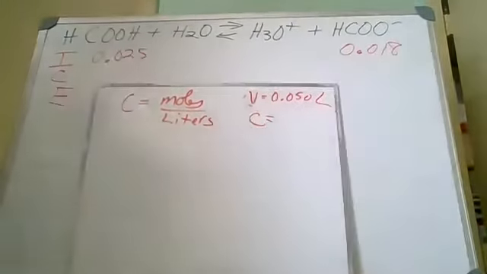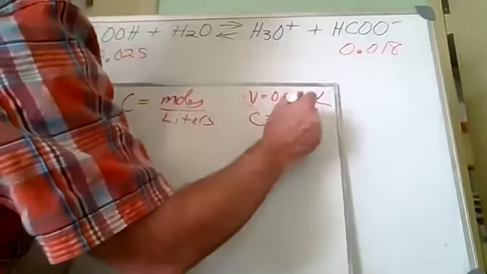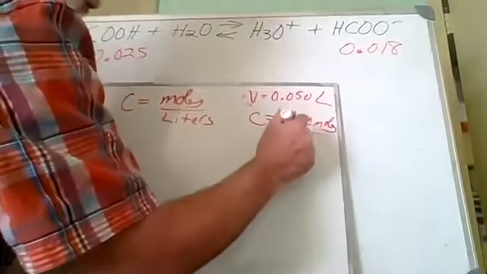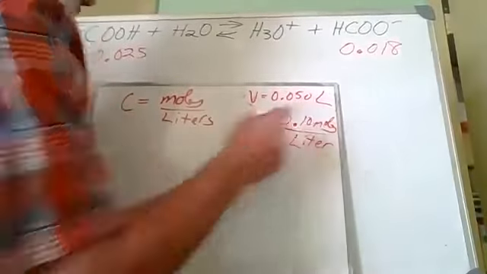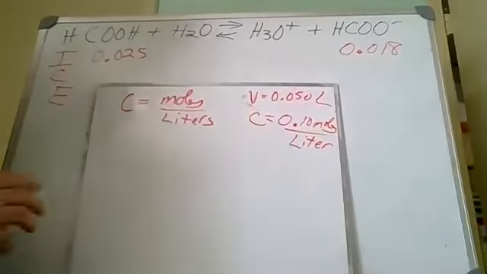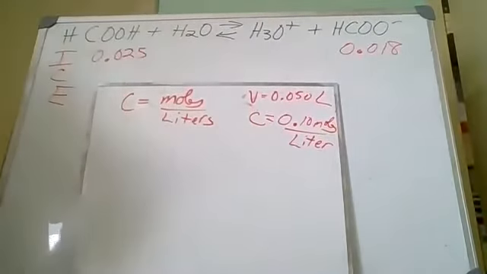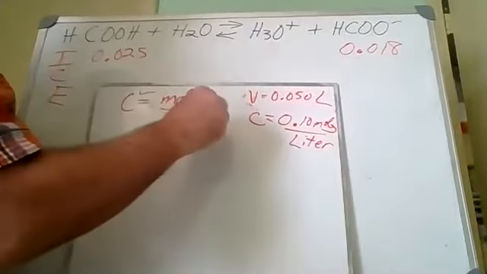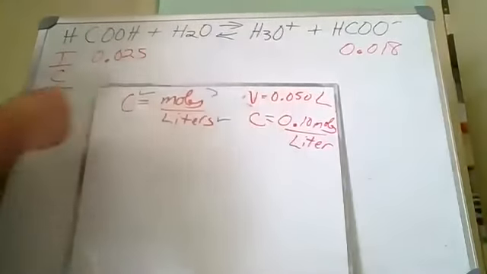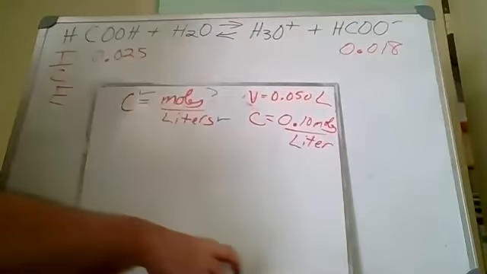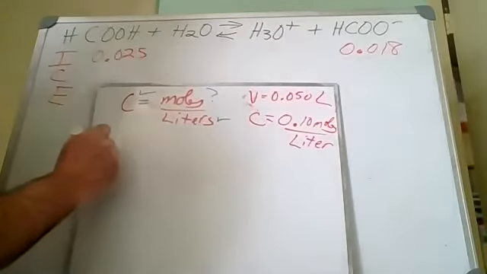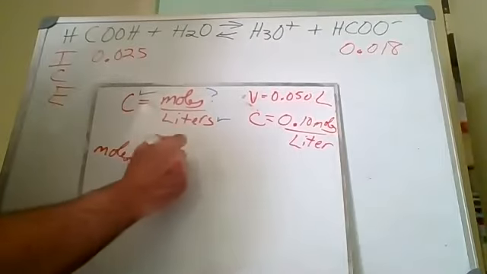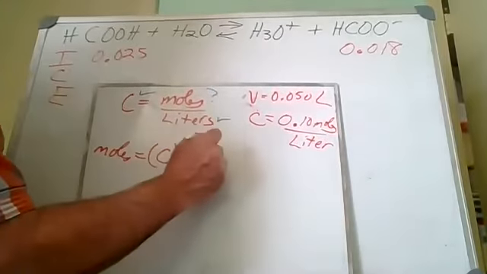Again, we don't write molar, we write moles per liter. So we can come back over here and check off what we know and what we don't know. I know concentration, I know liters, and I don't know moles. So let's rearrange that: moles equals concentration times liters.